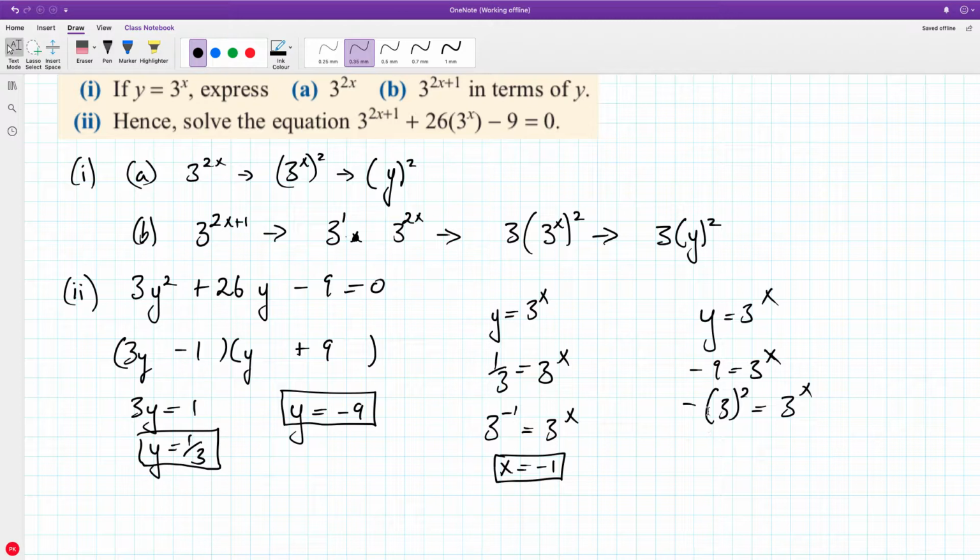I guess that becomes a plus. Did I do that right? I did, yeah. Minus 3 on this side, and that won't work. Can't figure out that one. It won't work because you have a positive 3 on the right and you have a negative 3 on the left, because it's minus 9.